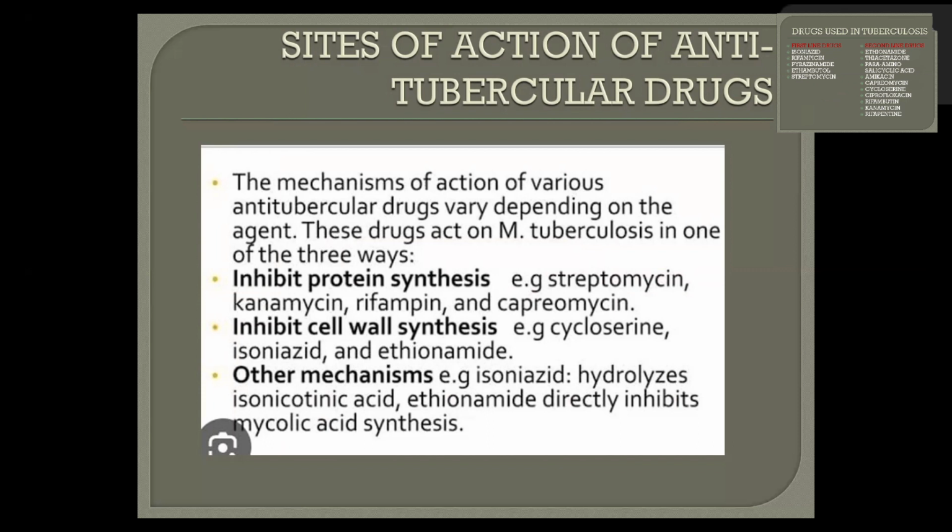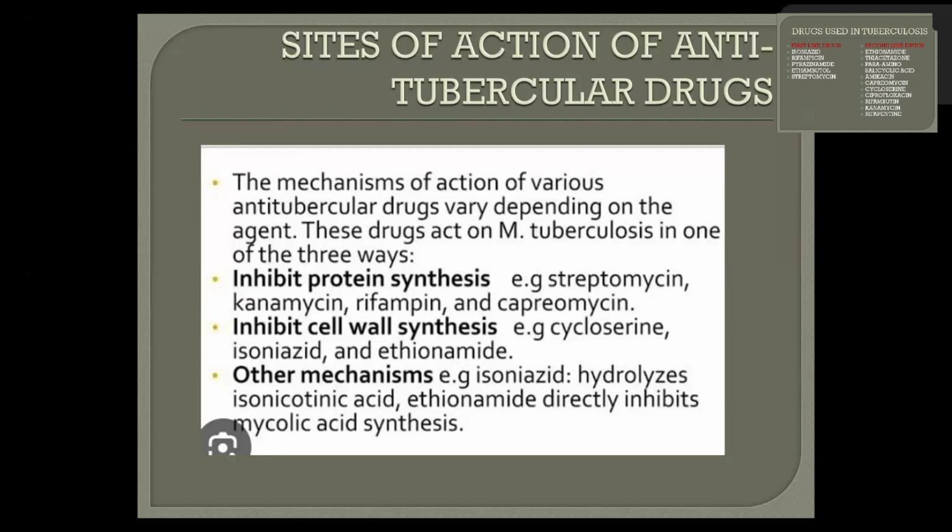The drugs that inhibit protein synthesis are streptomycin, kanamycin, rifampicin, and capreomycin. The drugs that inhibit cell wall synthesis are cycloserine, isoniazid, and ethionamide. Among the other actions, isoniazid can hydrolyze the isonicotinic acid, and ethionamide directly inhibits mycolic acid synthesis.